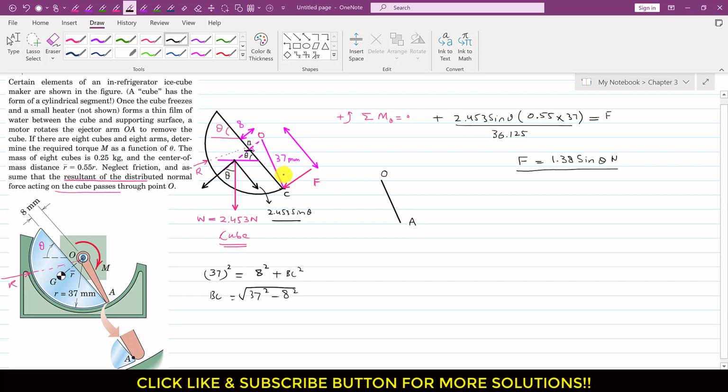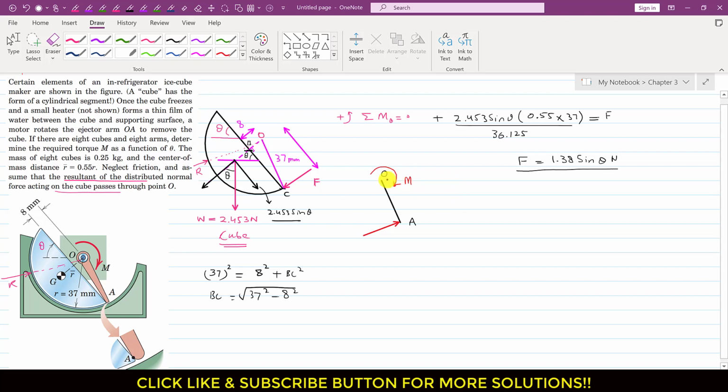Now if this OA arm is applying the force on this cube in this direction, as a reaction the cube will apply the force on this OA arm in the opposite direction, right? So here we will have that force F, acting like this, and here we have that moment. We need to find this moment.